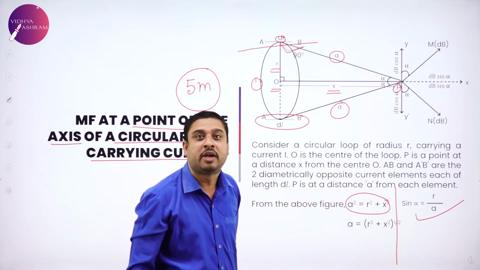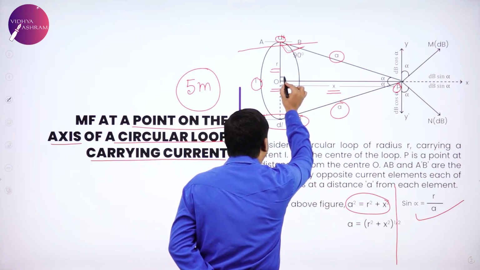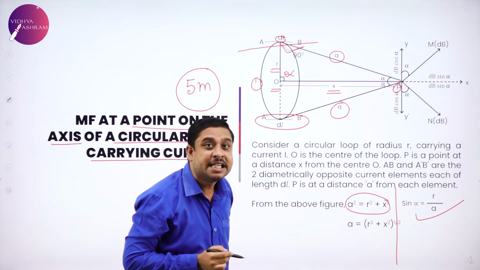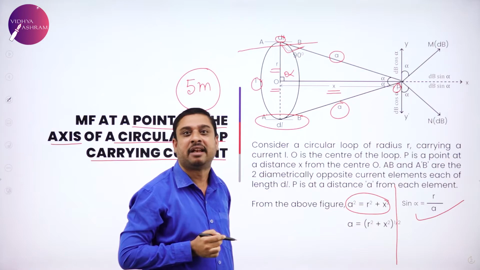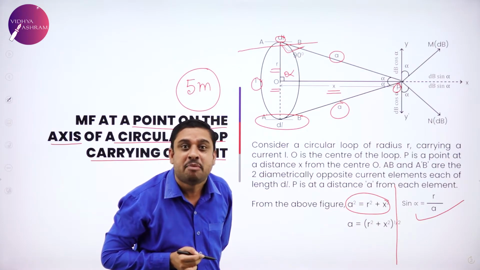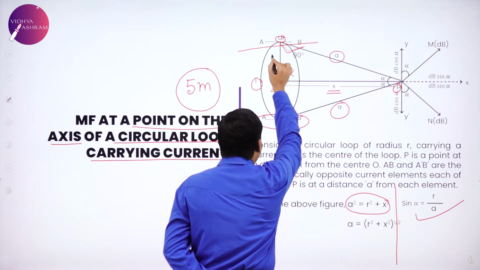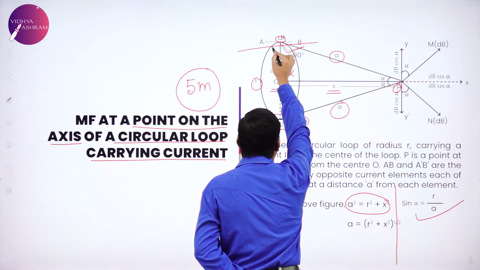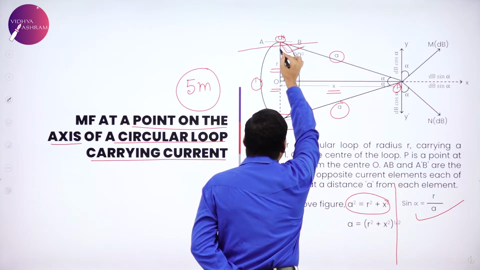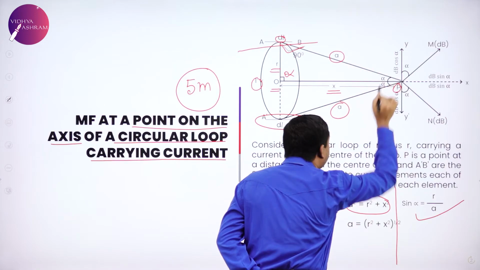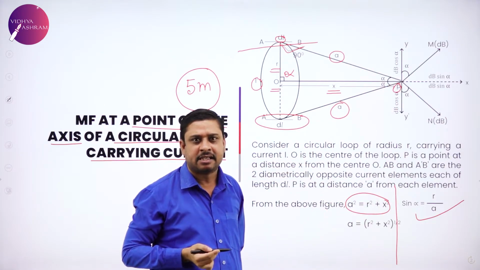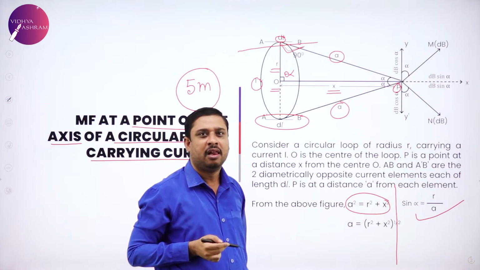Most of the times you get confused and you think this is theta. No. What is theta by description? Theta is the angle between the given current element and the line which joins the element to the given point. How much is it? 90 degrees. How is it possible?